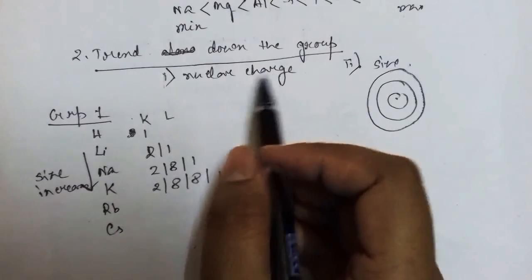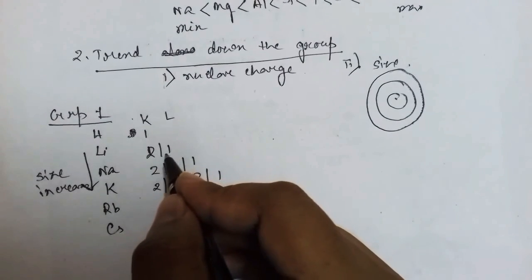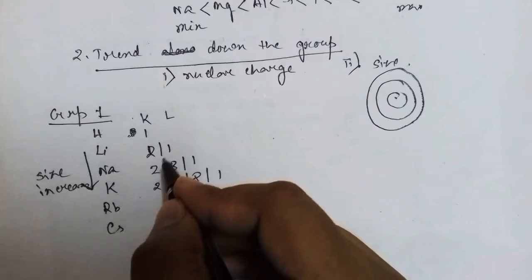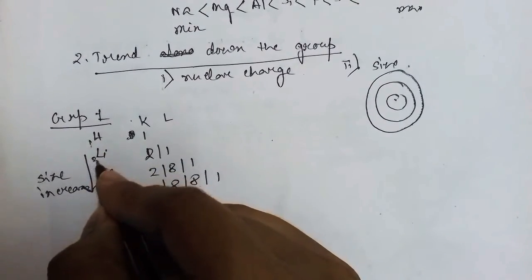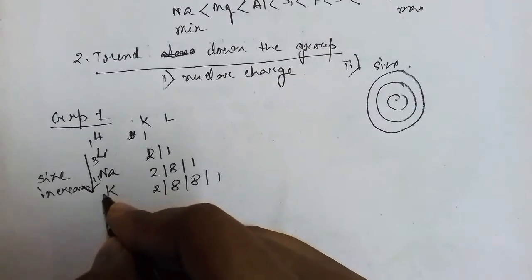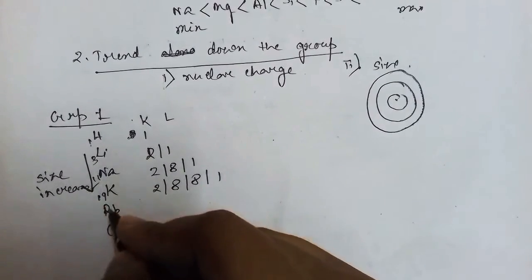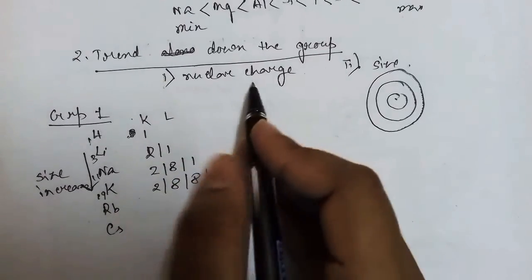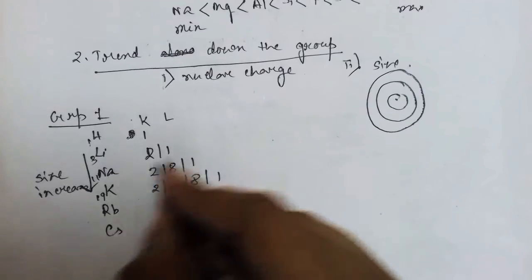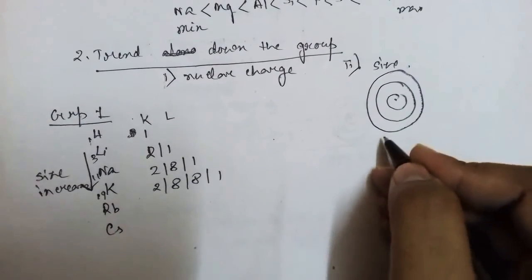Nuclear charge also increases because there is an increasing number of protons and electrons as the atomic number increases down the group. Hydrogen has 1, lithium 3, sodium 11, potassium 19. So these are increasing, and down the group rubidium and cesium are also increasing. So nuclear charge increases, and size increases.